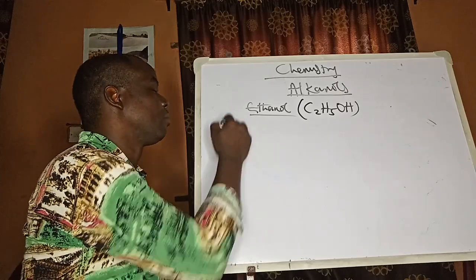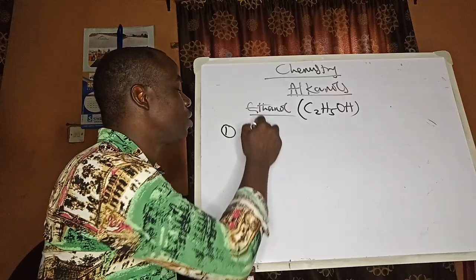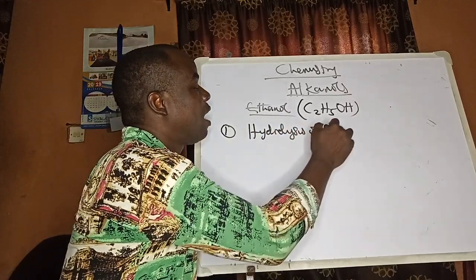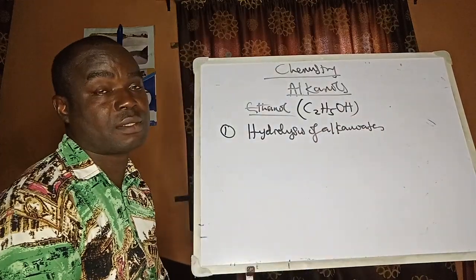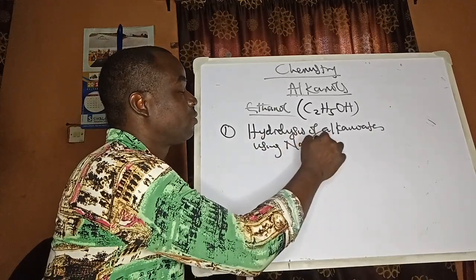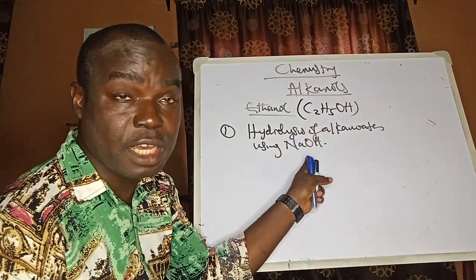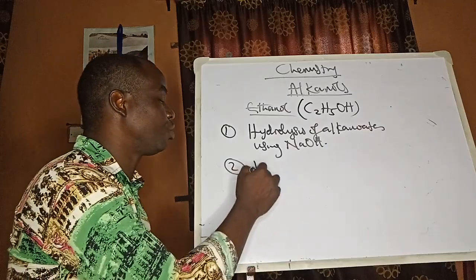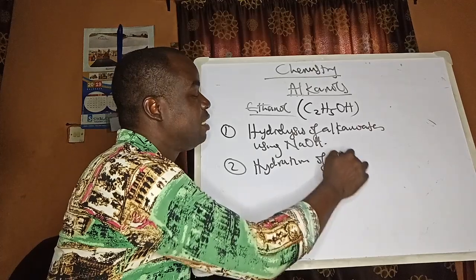Like number one, you can get it through what we call hydrolysis of alkanoates or esters. You can use sodium hydroxide, which is called caustic soda. Two, you can get it from what we call hydration of ethene.